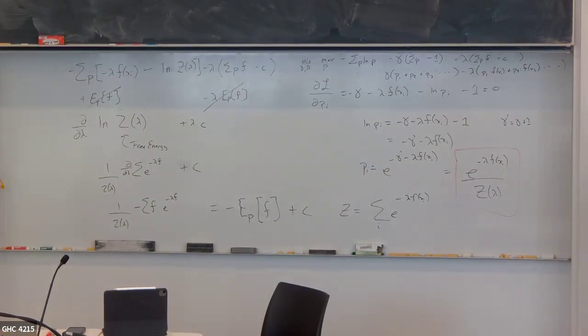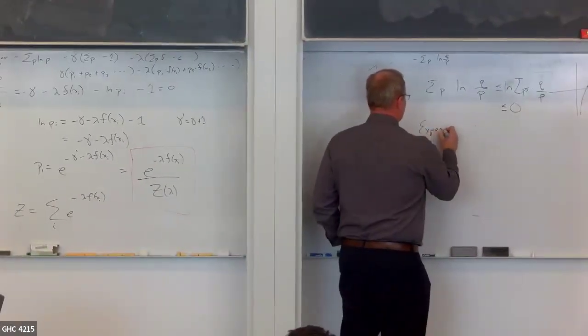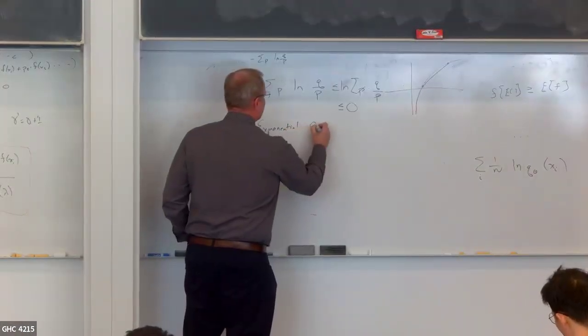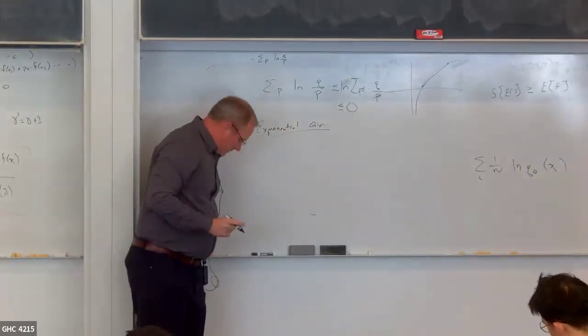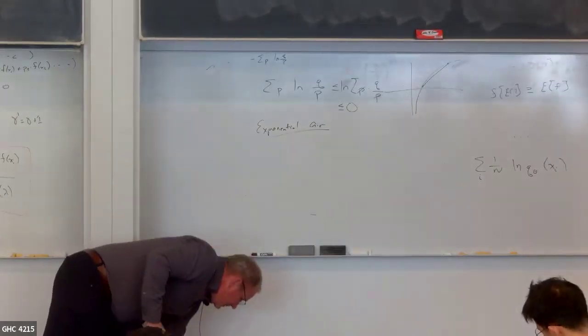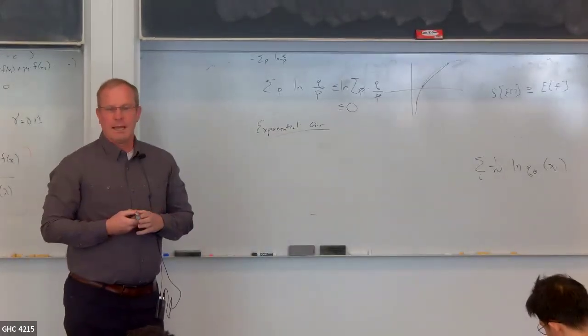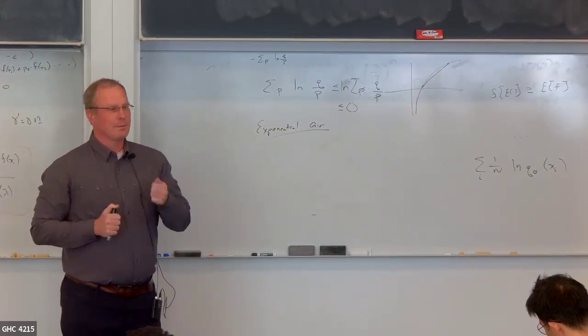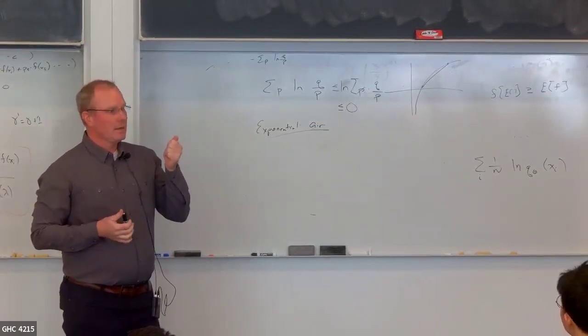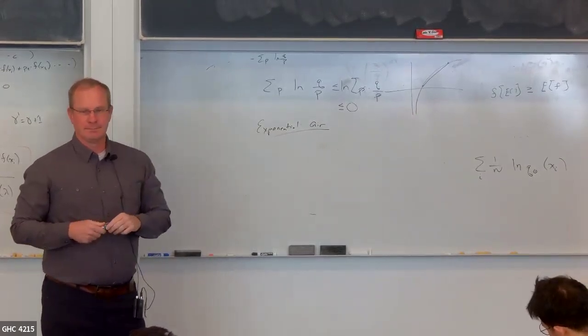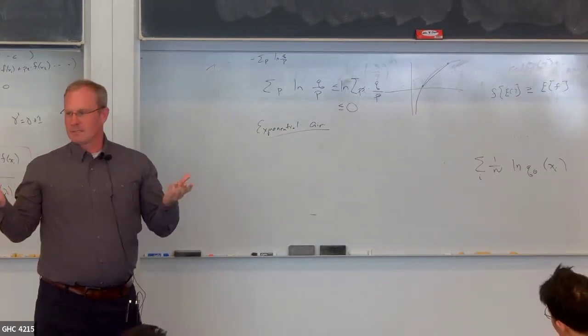Concrete example number one, it's called the exponential error problem. So the problem is, you've got a gas above the Earth, like air, and you want to know what's the probability of finding a molecule of air at some particular height. Okay, that's the problem.